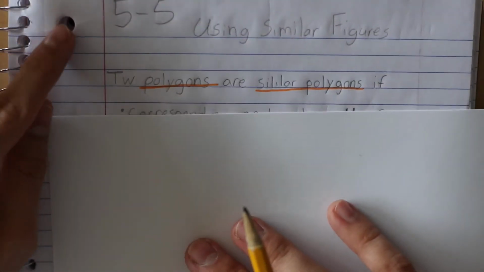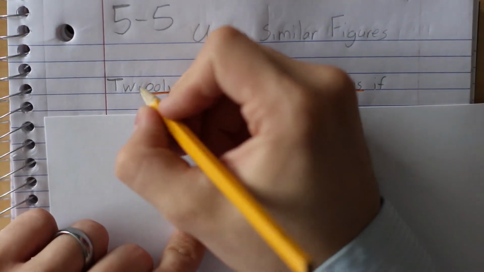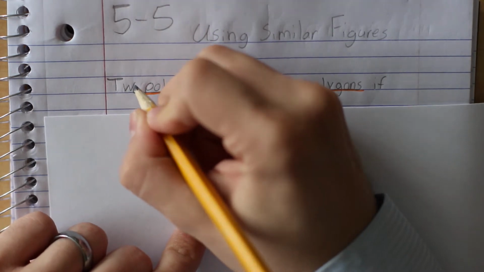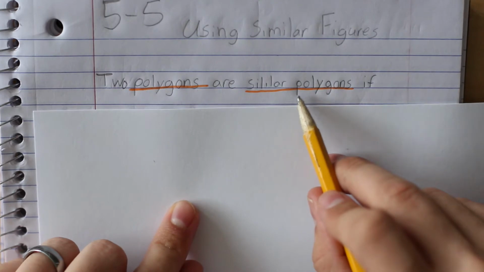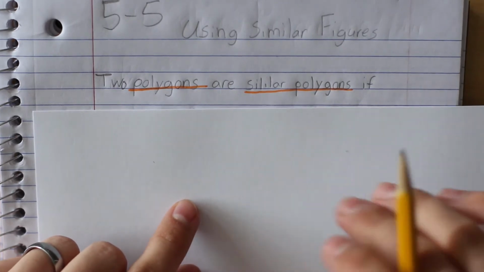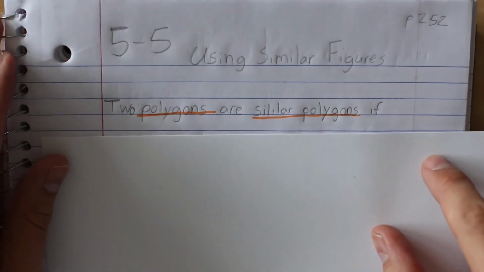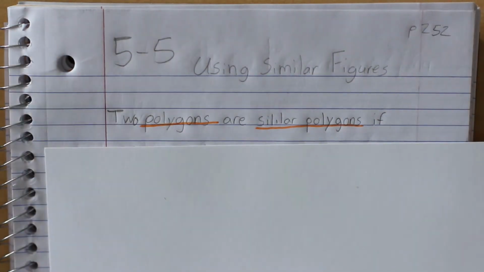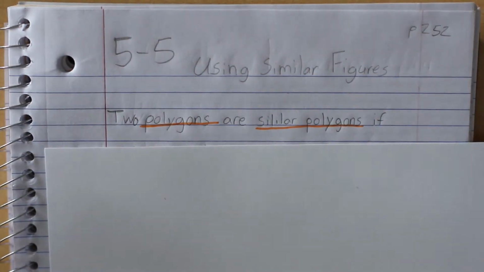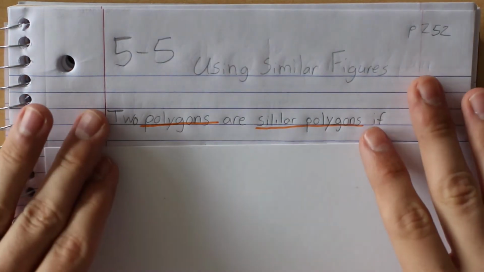We gotta copy down this. Two polygons are similar figures if, okay? So we have two polygons, and they are similar figures if a few conditions are met. And these are the conditions.